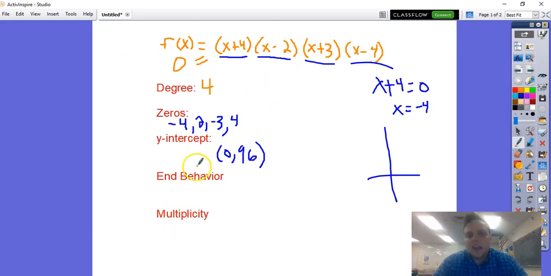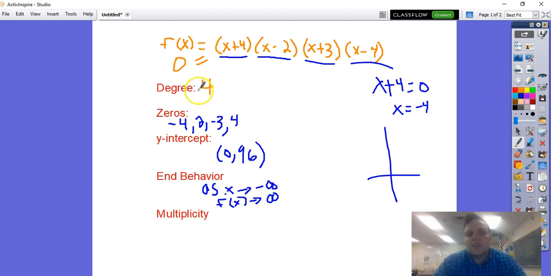So, in this case, the end behavior is going to be as x approaches negative infinity, okay, f of x approaches infinity, okay?